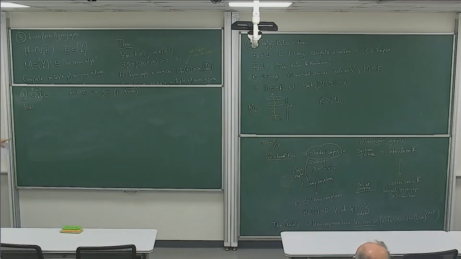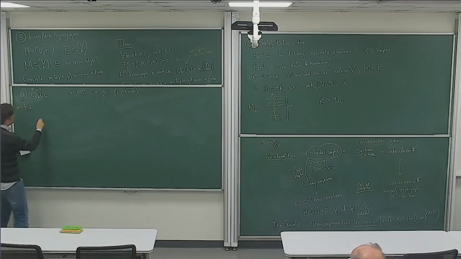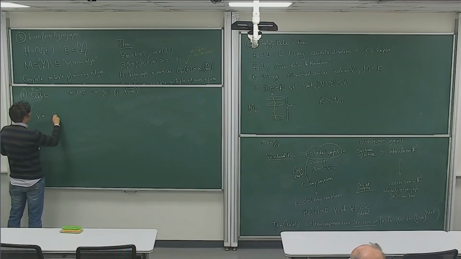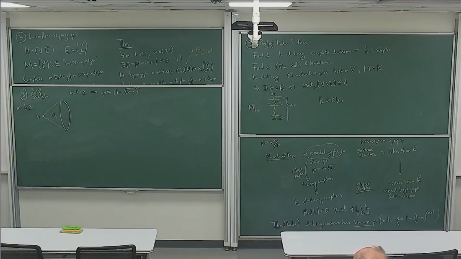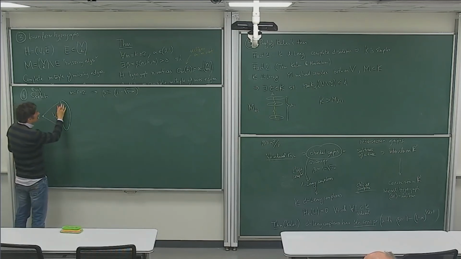Okay, so k equals 2, also m equals 2. Let's look at that case. So basically, take a vertex v, and then you look at the neighborhood. Inside this neighborhood, I want to count how many missing edges are here.